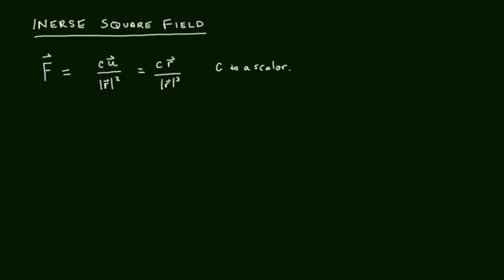Then the question is, why is this called an inverse square field? Well, for one, let's define what vector u is. So vector u is the unit vector of r.